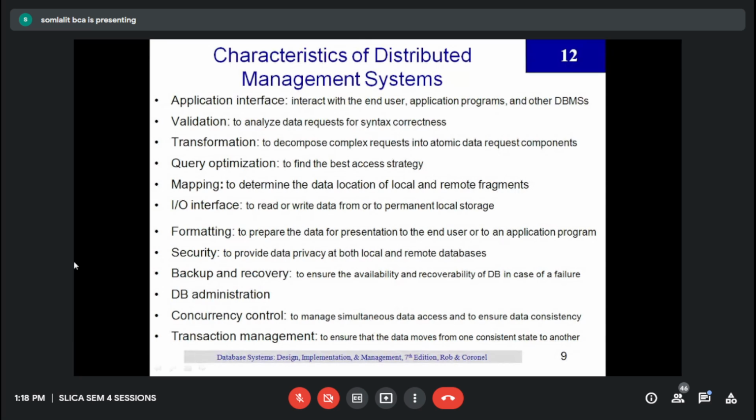What is the work of database administrator? Anybody who can tell me what is the work of a database administrator?